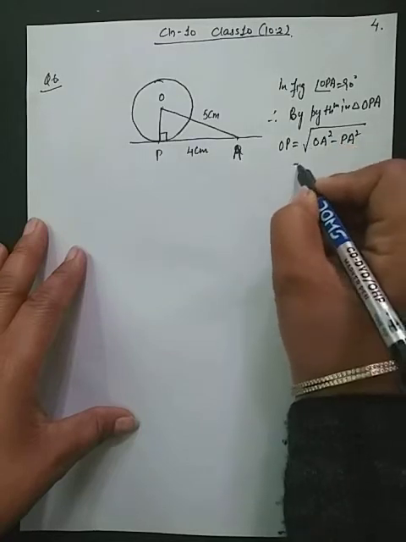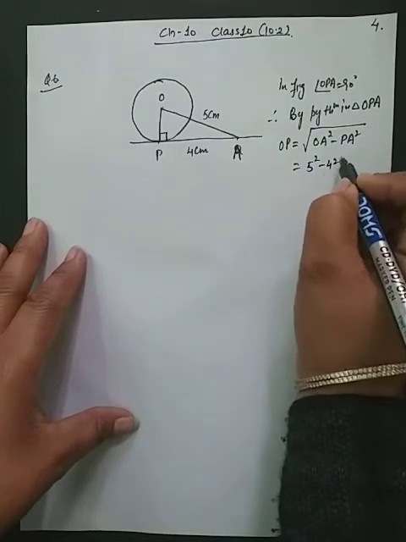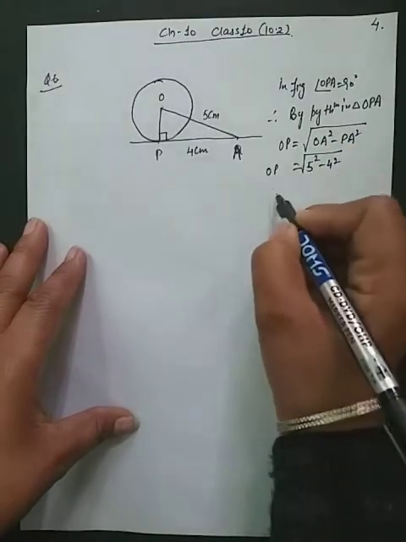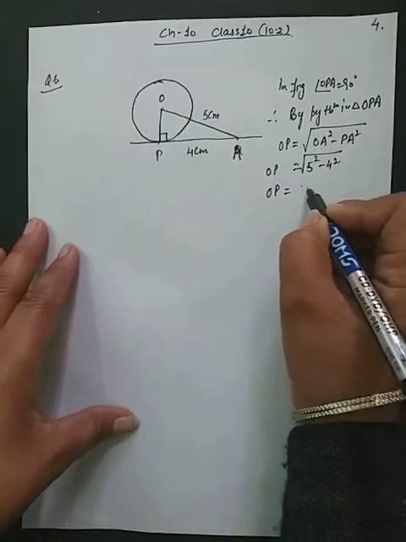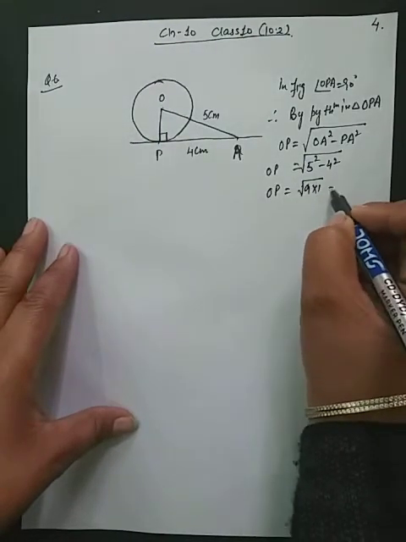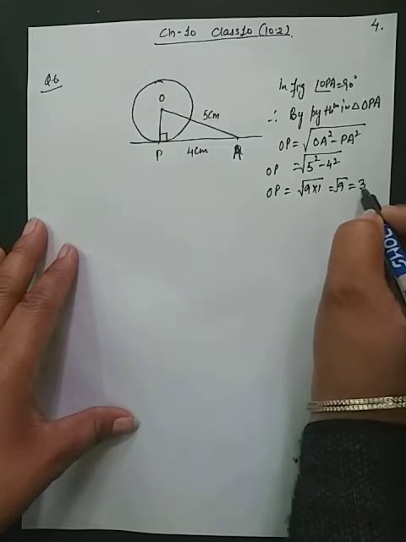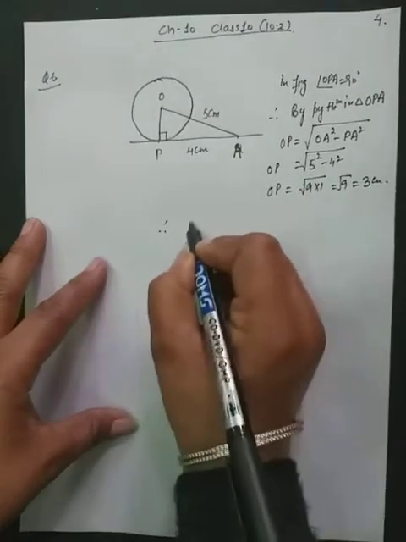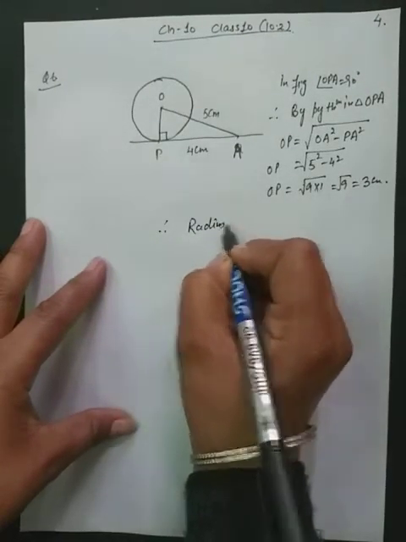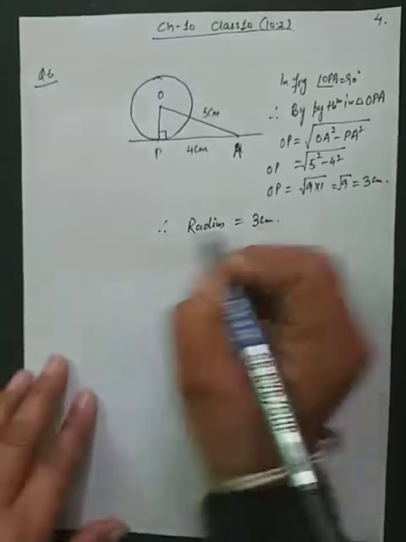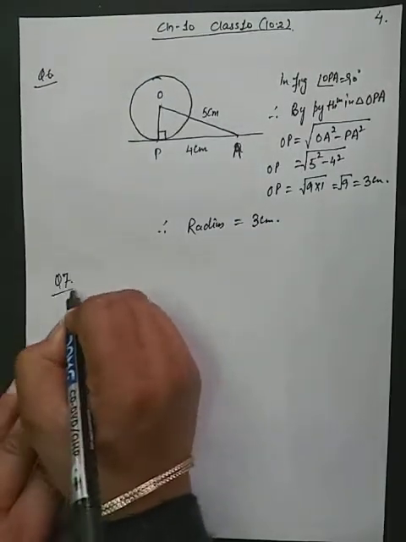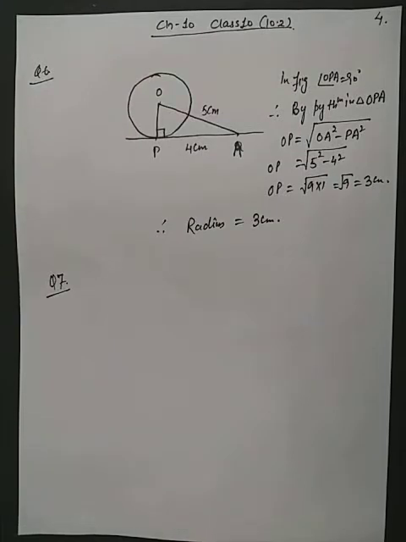It will be 5 square minus 4 square. So we can write it as 9 into 1, 9 and square root of 9 is 3. Therefore, radius is equal to 3 centimeter. Short question, very short.